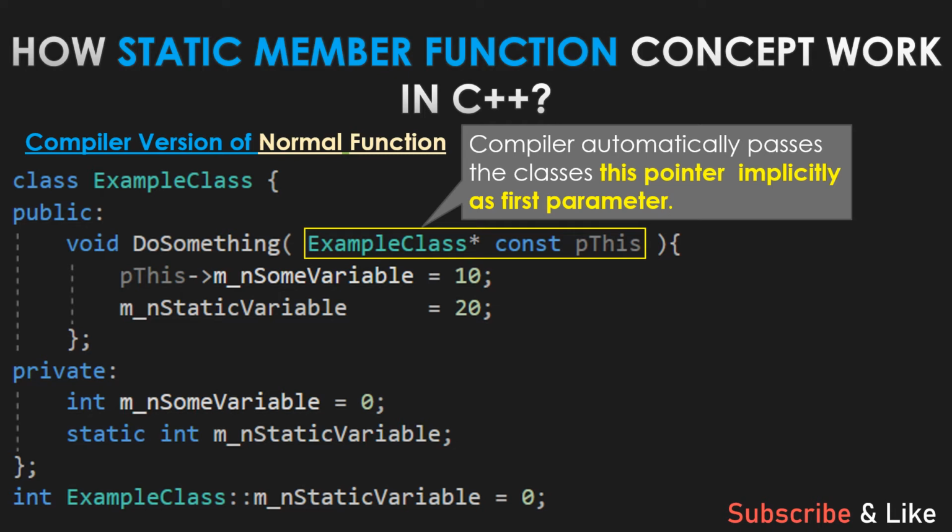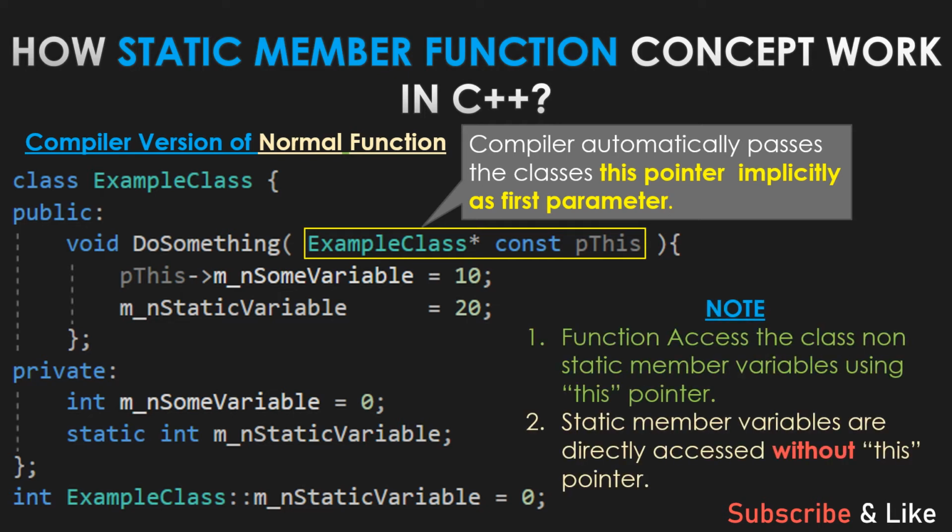Inside the function, the this parameter is used to access any non-static class member variables as shown here. Note: the static member variables are directly accessed without the this pointer, as they are not bound to the object. This is how a member function accesses the member variables of that particular class. It is important to note that this parameter is automatically passed by the compiler when generating the corresponding object file.